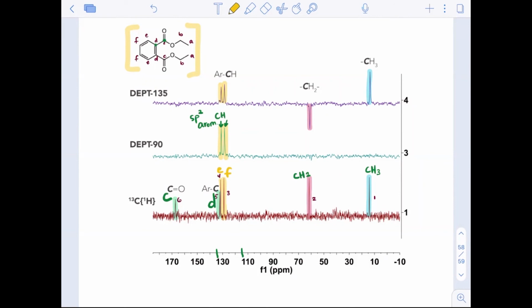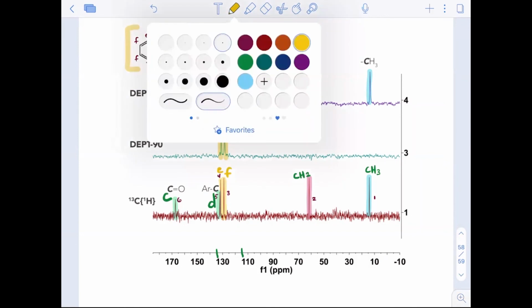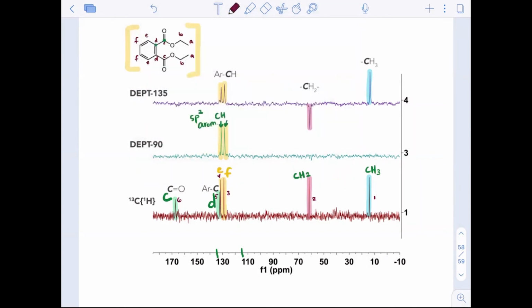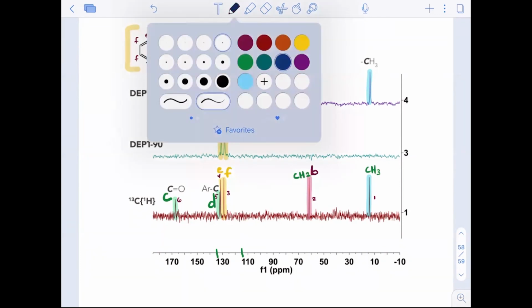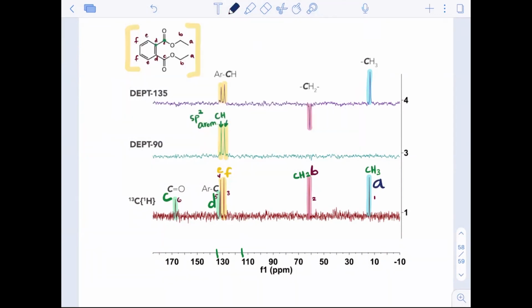So we would probably label E as the signal number 4 there, and F as signal number 3. CH2 group, B, the carbon adjacent to the oxygen of the ester. And then finally, A, the CH3 group.